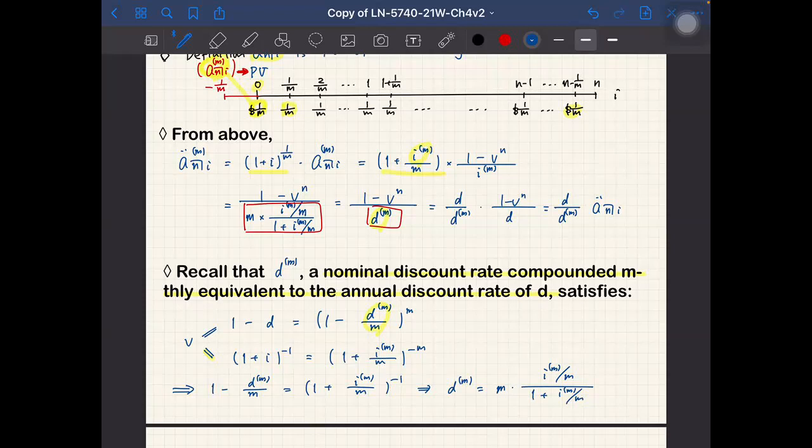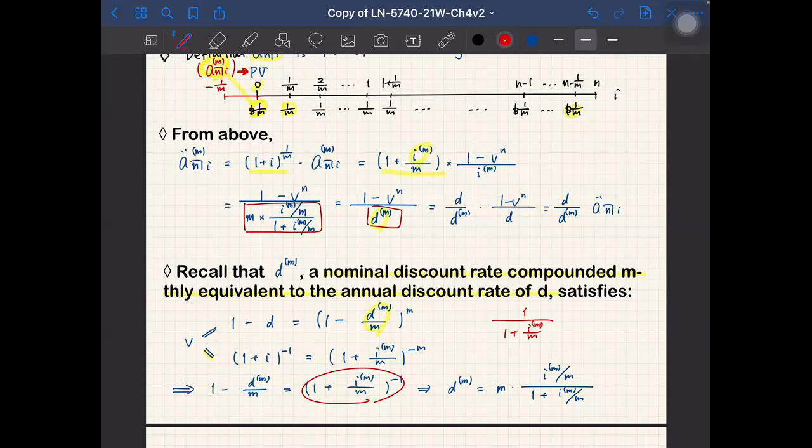So let me see. We can take the inverse, so 1 minus. You can say that the right-hand side is 1 over 1 plus i superscript m over m.